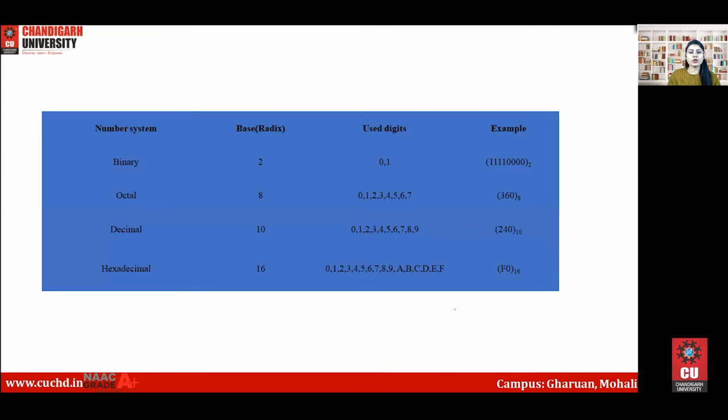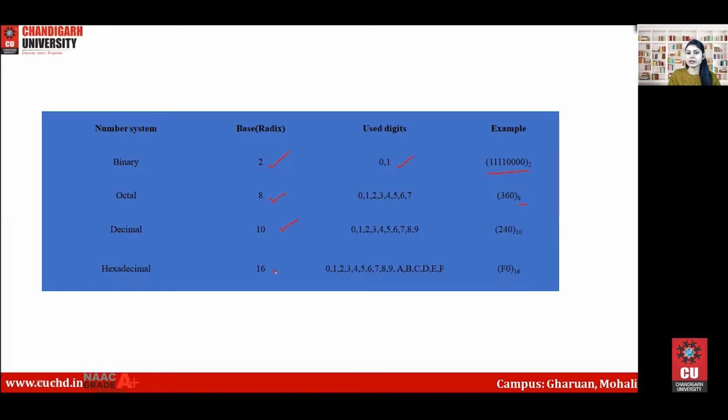So now you can see the examples over here also. So the binary base would be 2. It will use 0 to 1. So they have given us the example. Similarly, the octal base will be 8. It will use any number in between 0 to 7. So its base will be 8. Similarly, for decimal, it will be 10.